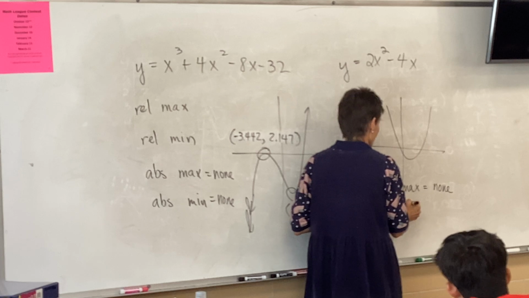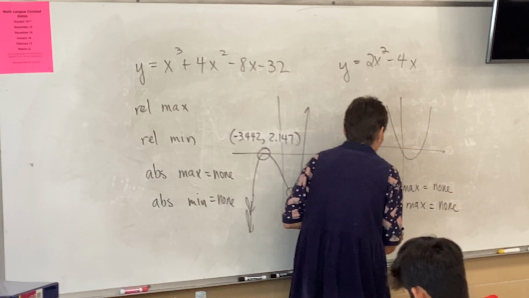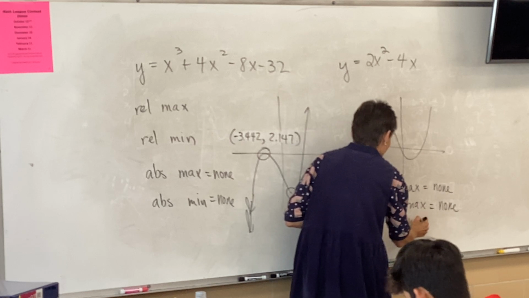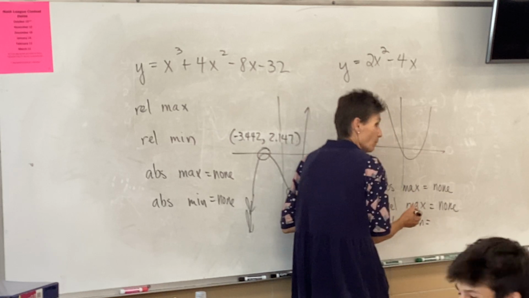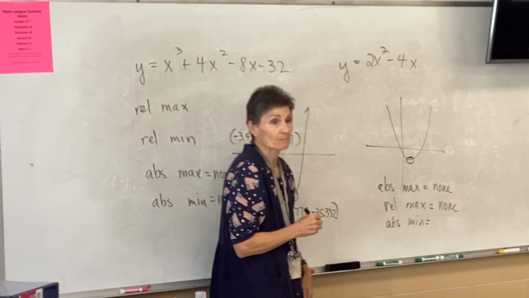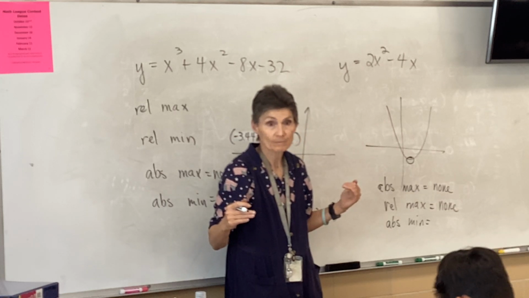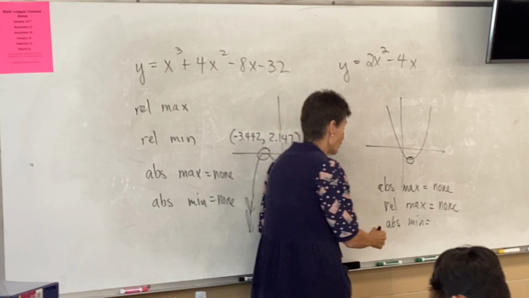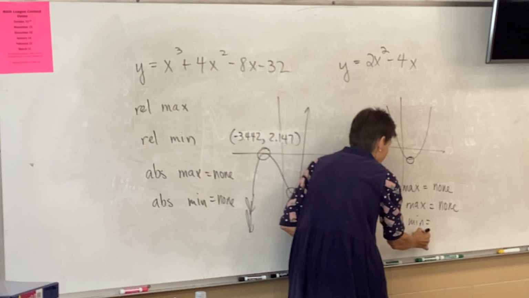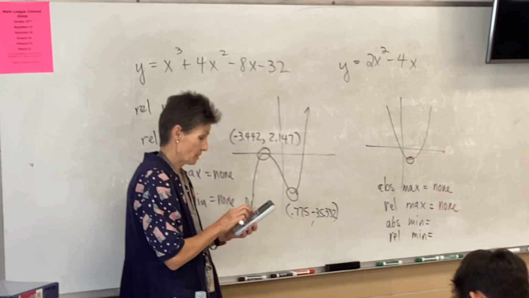How about relative max? None. How about absolute minimum? Oh, whoa, whoa, whoa. There is one. That guy right here, isn't he the absolute lowest point on the graph? Absolutely. And he would also be the relative minimum. They are the same point.